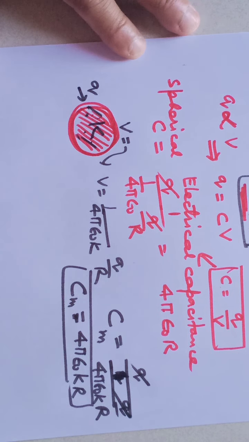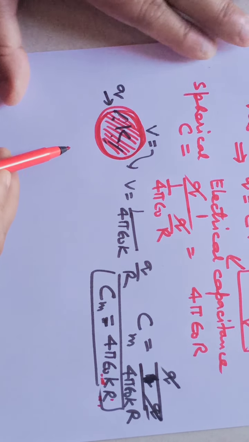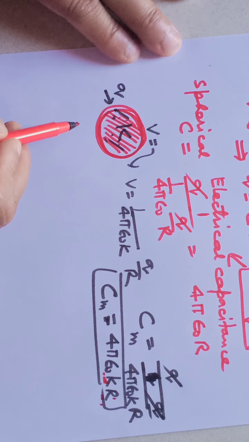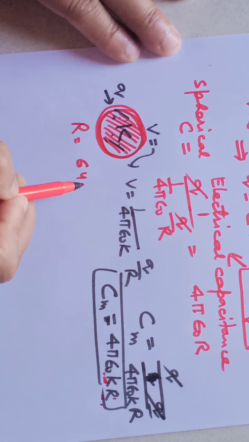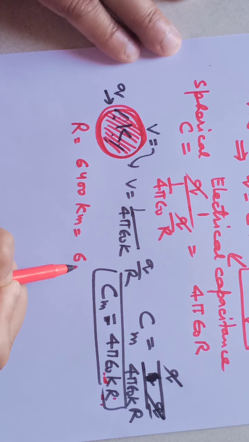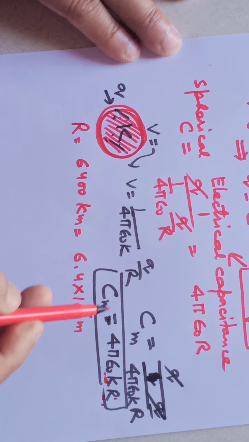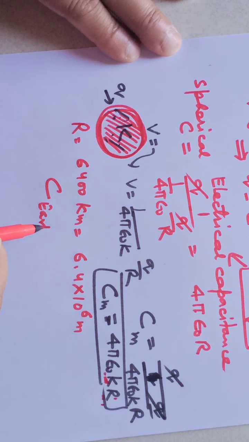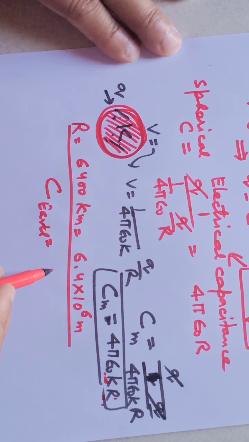Electrical capacitance depends on the size R, and epsilon naught K. Now if we calculate the capacitance of Earth having radius 6400 kilometer, meaning 6.4 into 10 to the power 6 meter, then the electrical capacitance of Earth with this radius comes out to be 711 microfarad.